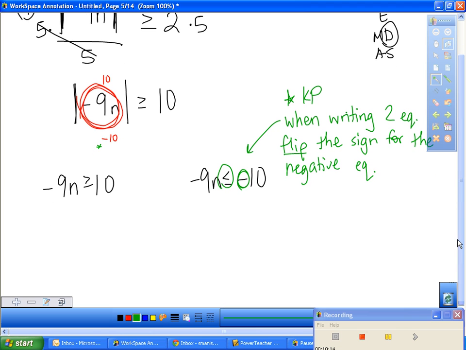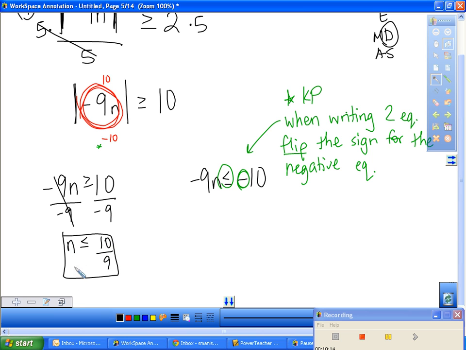Now, this is where it gets tricky. You flip the sign to set the problem up, and then we solve. So I divide by negative 9, I divide by negative 9. What happens when I divide a negative number and I'm dealing with an inequality? I flip the sign again. So now I have 9 is less than or equal to 10 over 9.